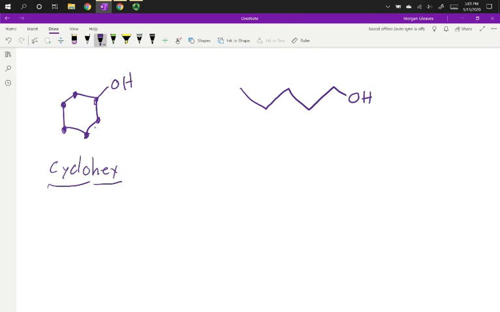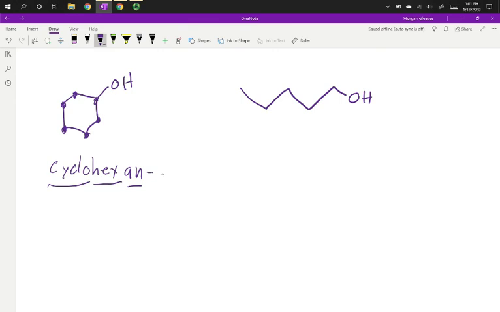Well, they're all single bonded to each other, all the carbons, so this is a hexan. But because there's an alcohol, it's not cyclohexane. If there was no alcohol, it would just be cyclohexane. That OH means we drop the E and we add our OL, our alcohol.